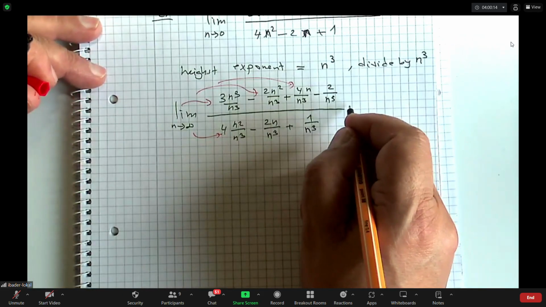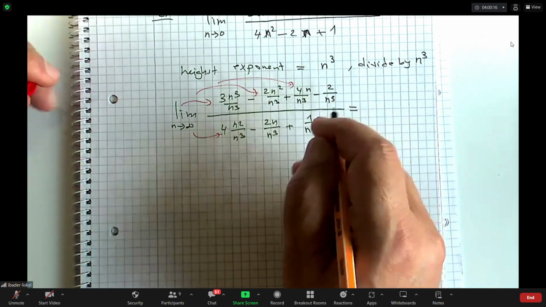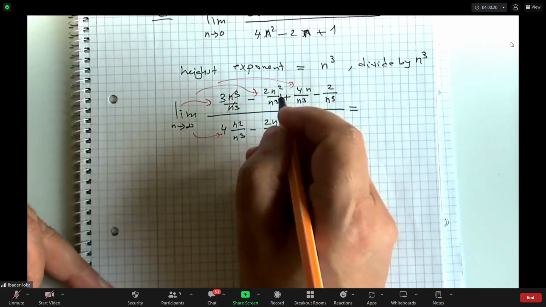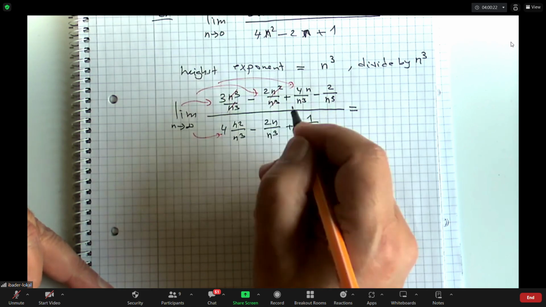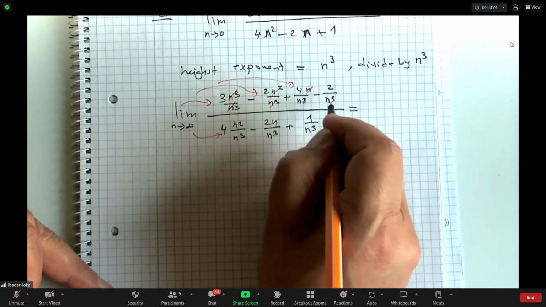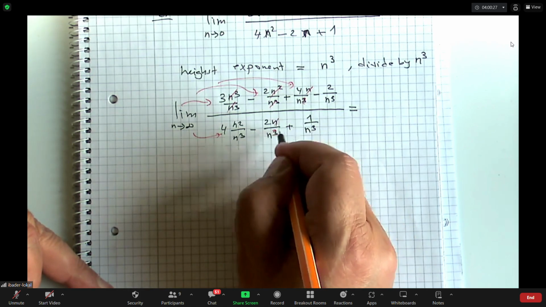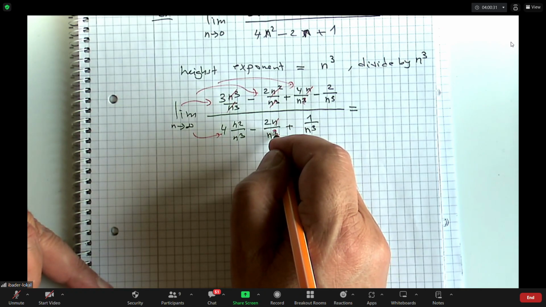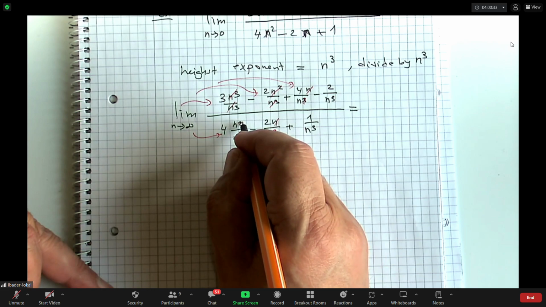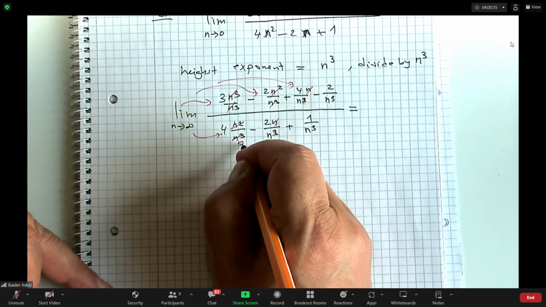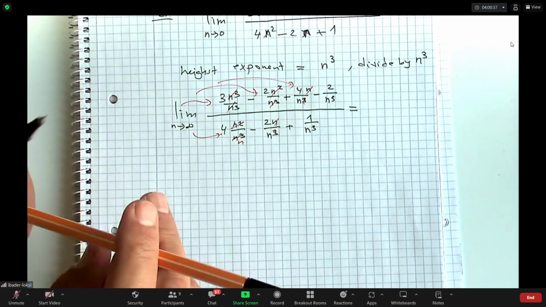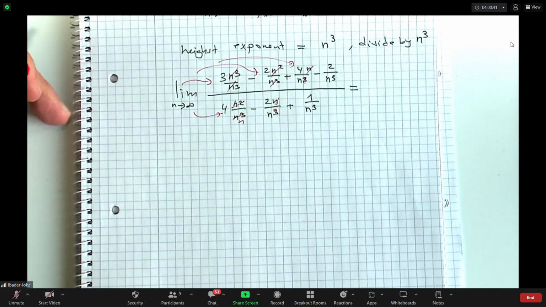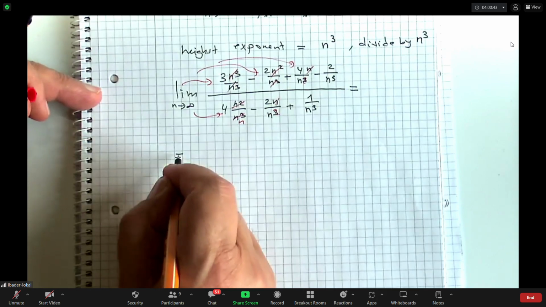So obviously here we will be getting, if we apply the limit, here we get 2 over n, here we get 4 over n squared. Okay, so here I got this simplification as follows.